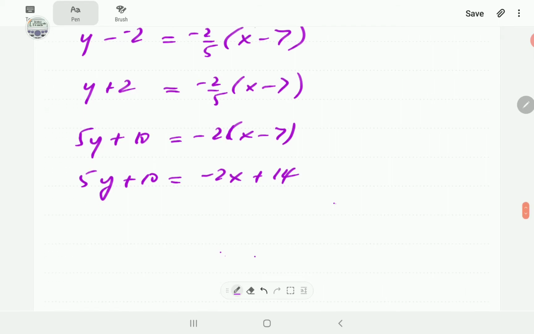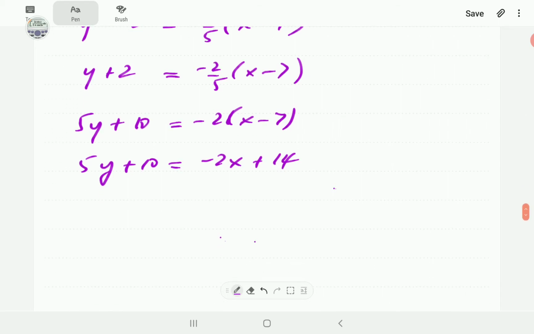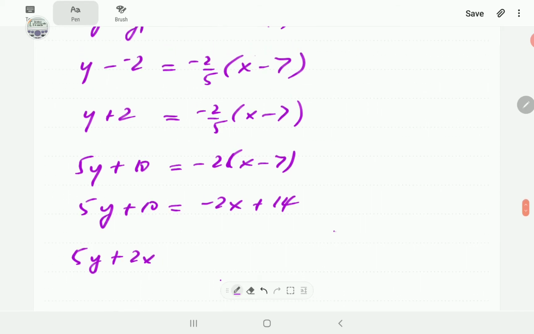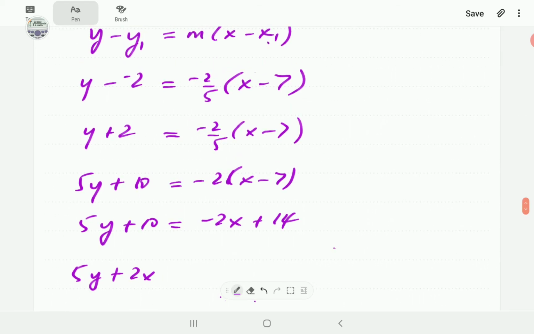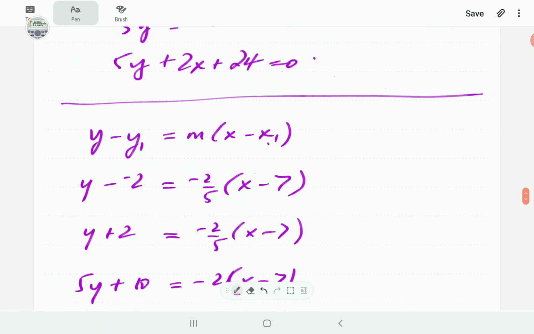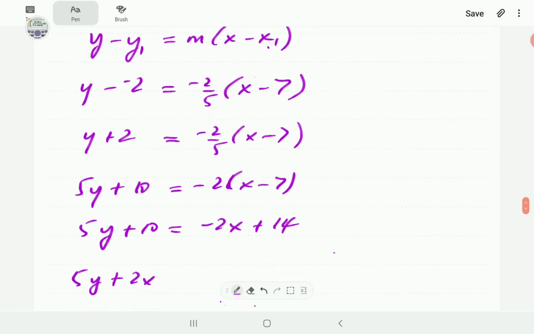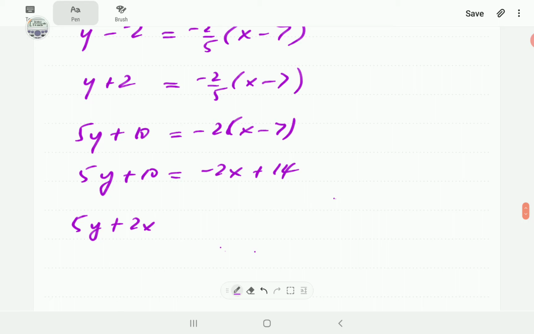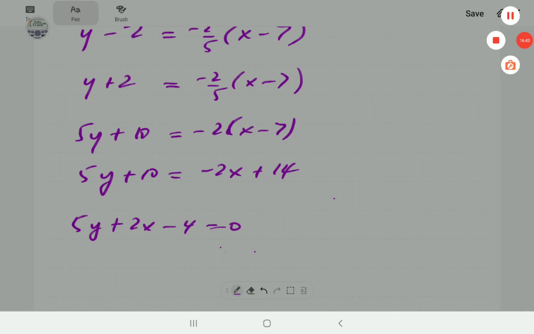Then we bring everything to the same side. So it's going to be 5y plus 2x. Okay, looks like there is a small issue because this is going to work out to minus 4. So we need to sort out where the error was or is.